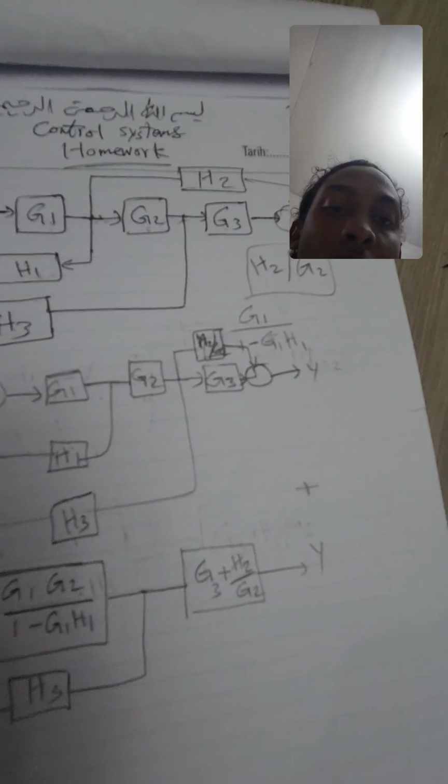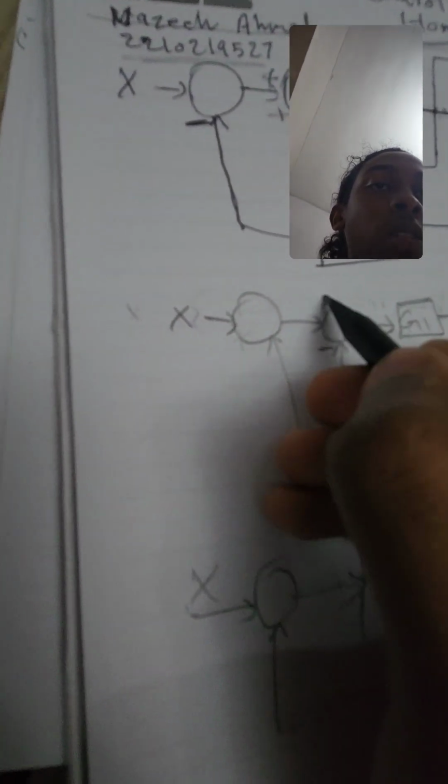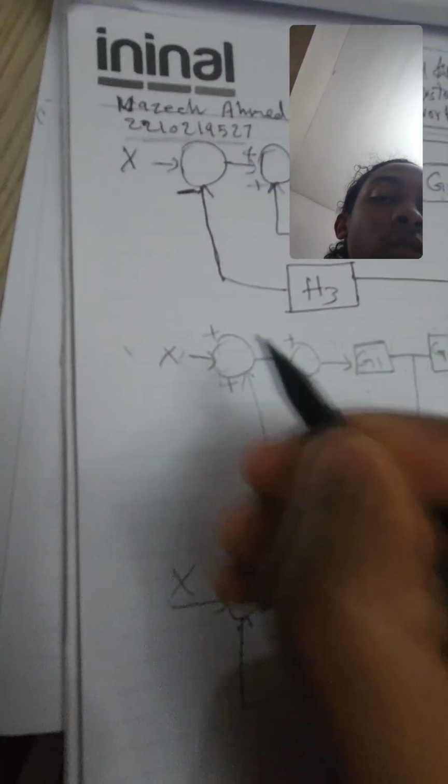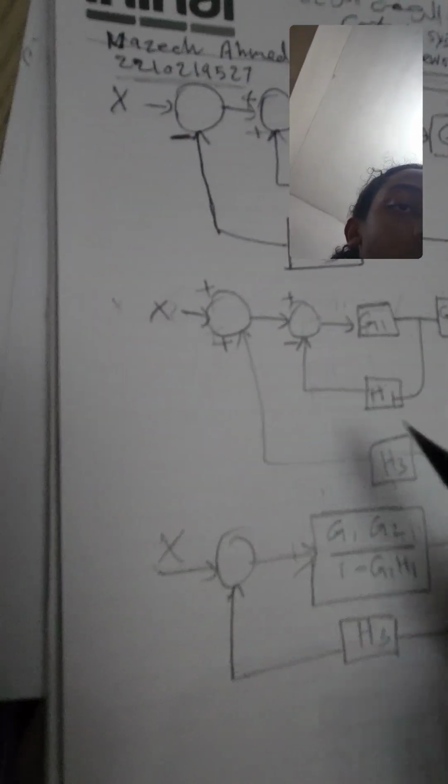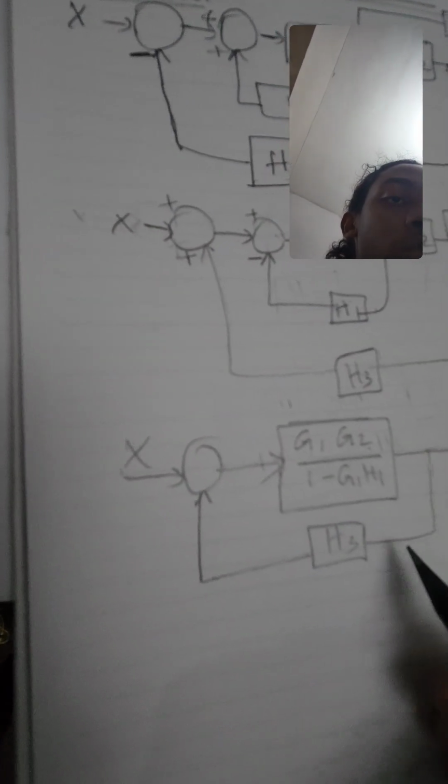So no need for another summing point here, because we have done it here. And also we removed this summing point, so it was minus, positive, positive, positive, and we reduced this. So we have 3 blocks.